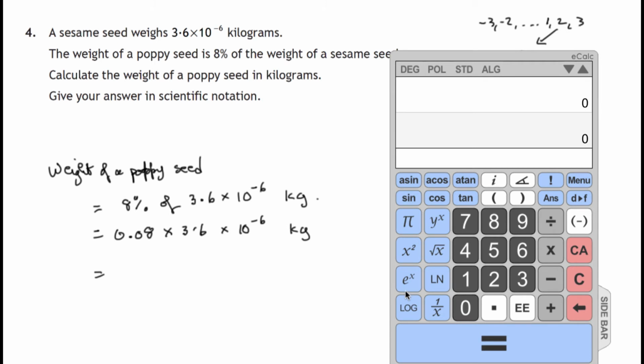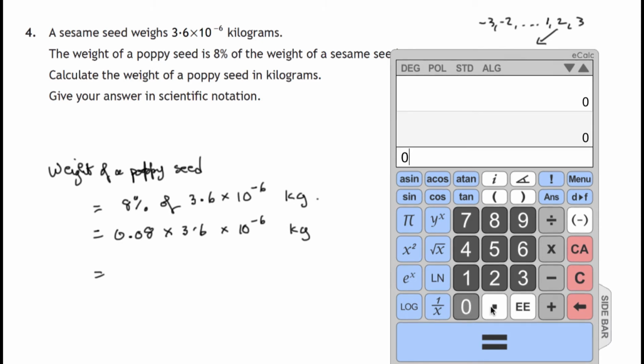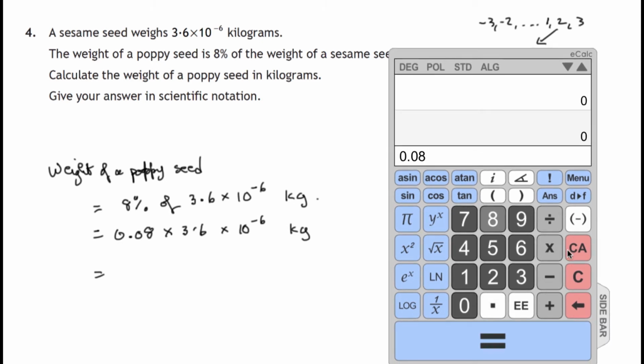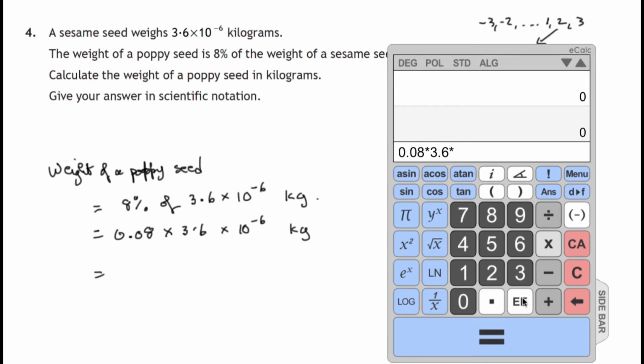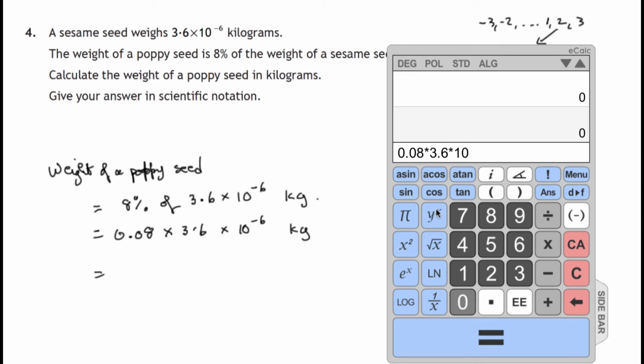Several ways to do this. One is to just do what it says, just using the normal buttons in the calculator. That would be 0.08 multiplied by 3.6 multiplied by 10 raised to the power, that's the y to the power x button in my calculator, and then a -6.